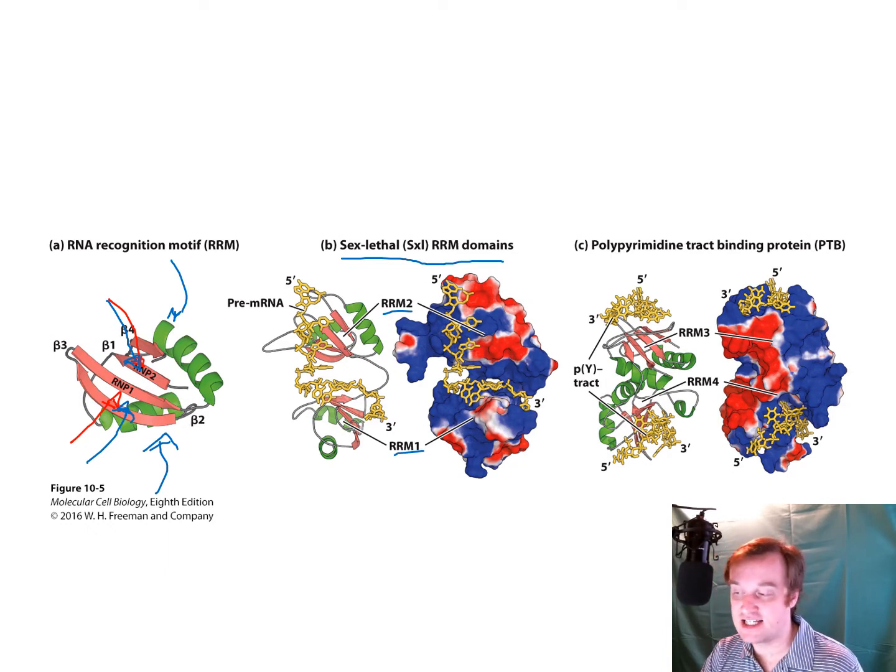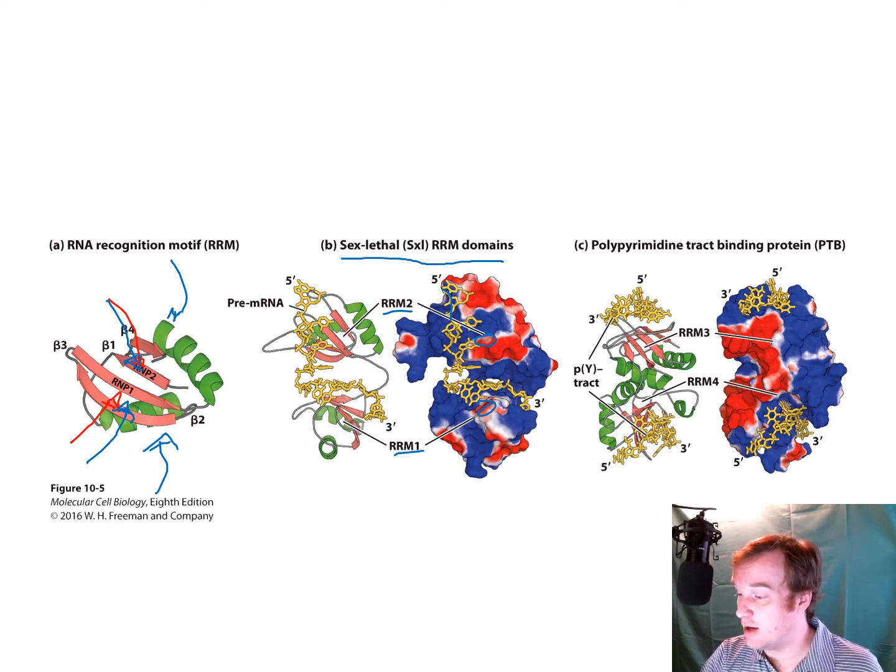Together, these bind a continuous 9-base sequence in pre-mRNA, which is yellow here. So those domains are what are responsible for binding this pre-mRNA, so non-processed RNA.